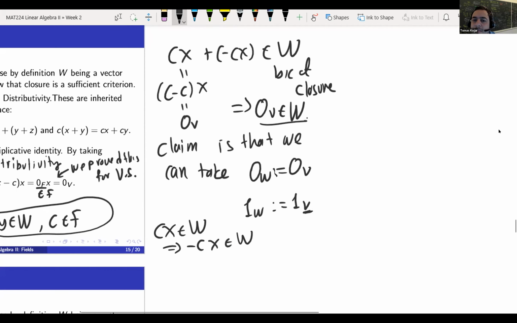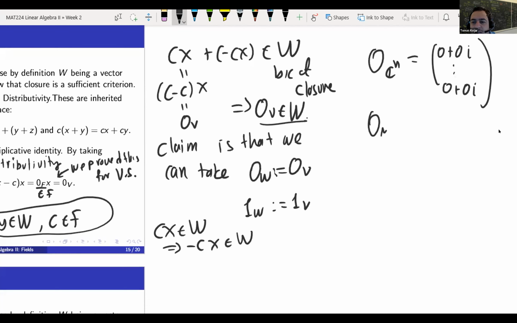We did this example for complex numbers, C^n: the zero of C^n is 0 + 0i all the way to 0 + 0i.